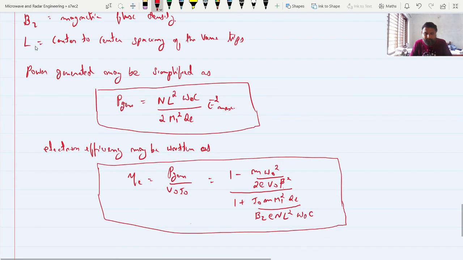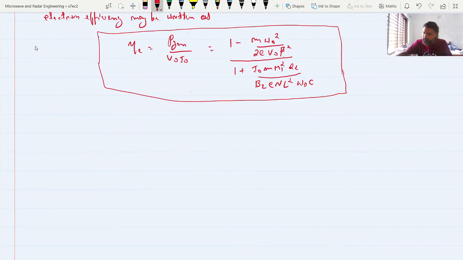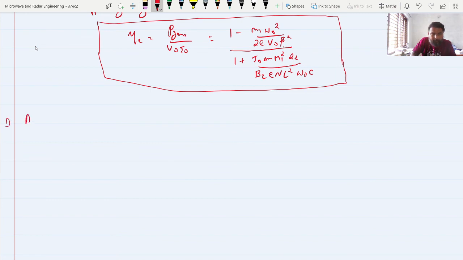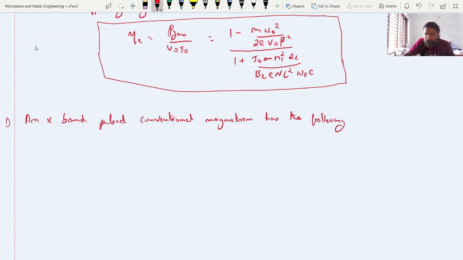Anyway, I will give you one numerical problem, an expanded pulsed conventional magnetron that has the following operational parameters.